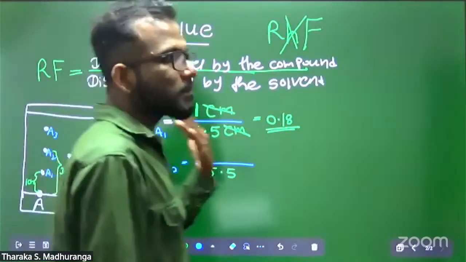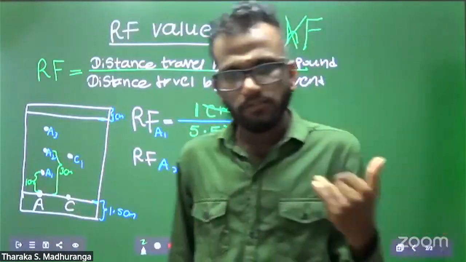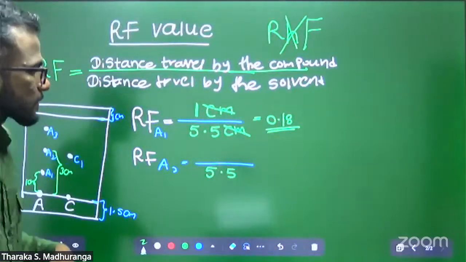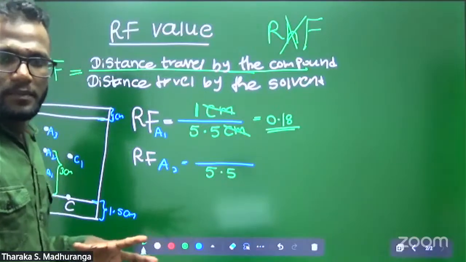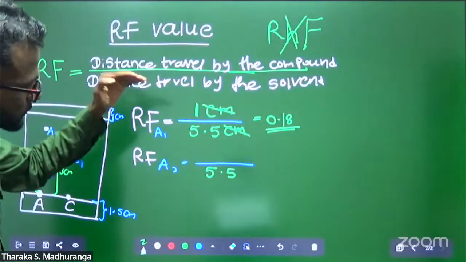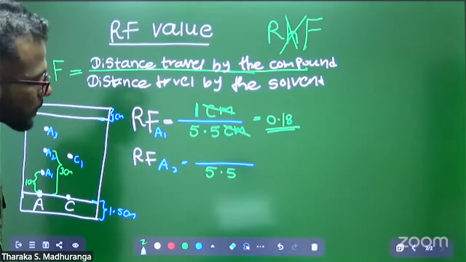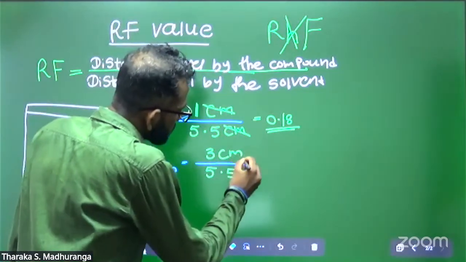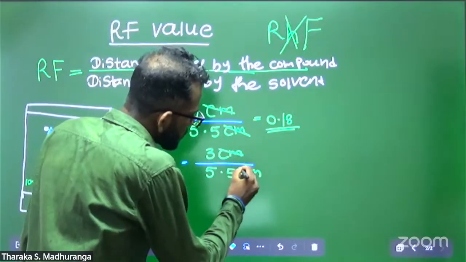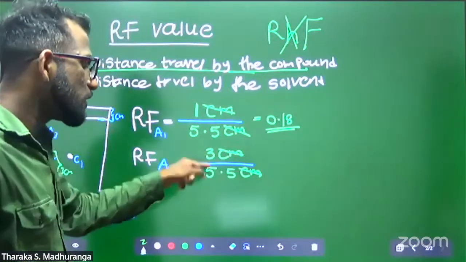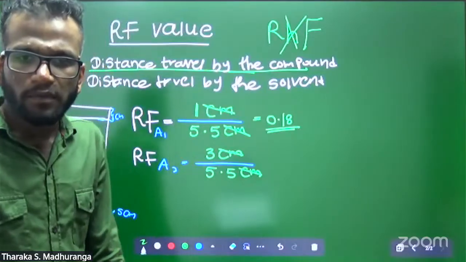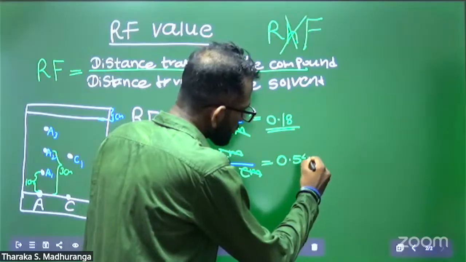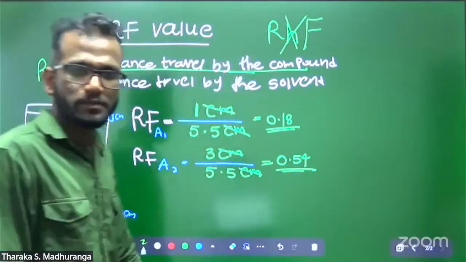Don't worry, every past paper question and model paper question, we discuss at the end of the lesson. The compound travel distance is 3 centimeter. Centimeter to centimeter cancel out. 3 over 5.5. 0.54. This is the RF value.